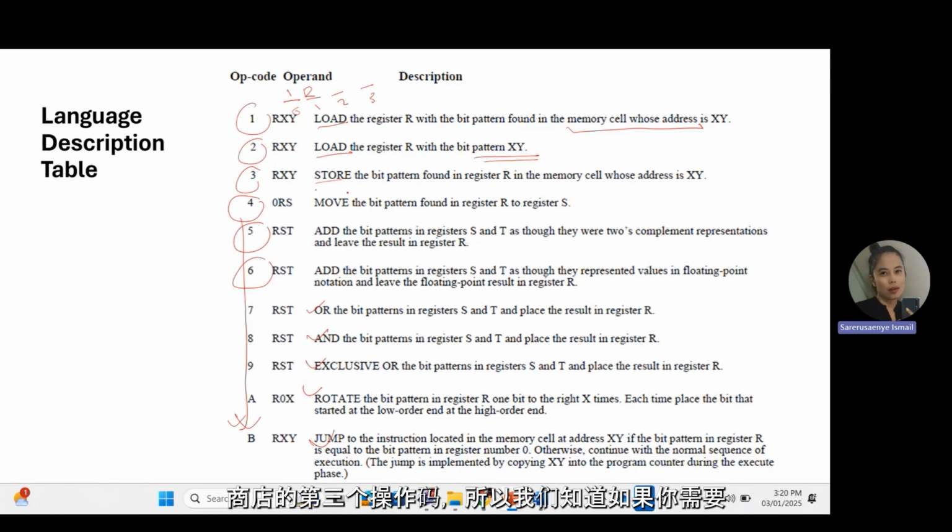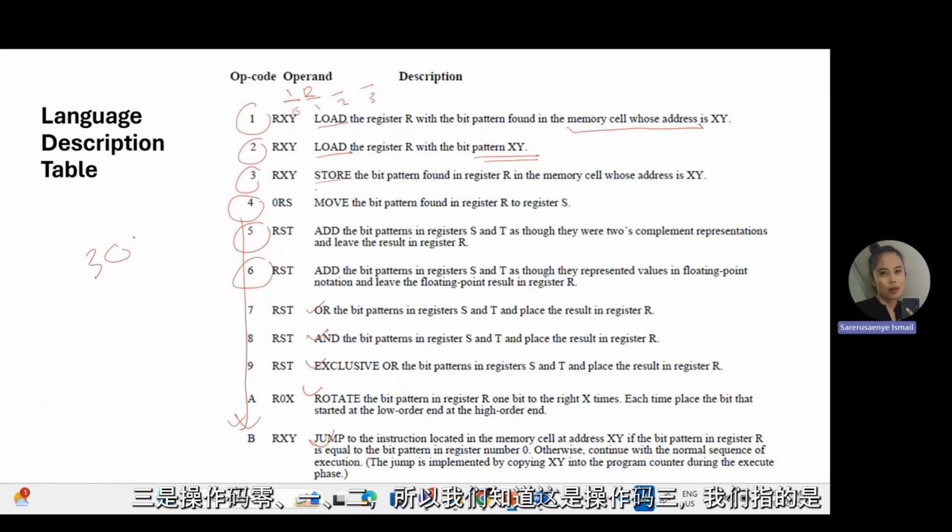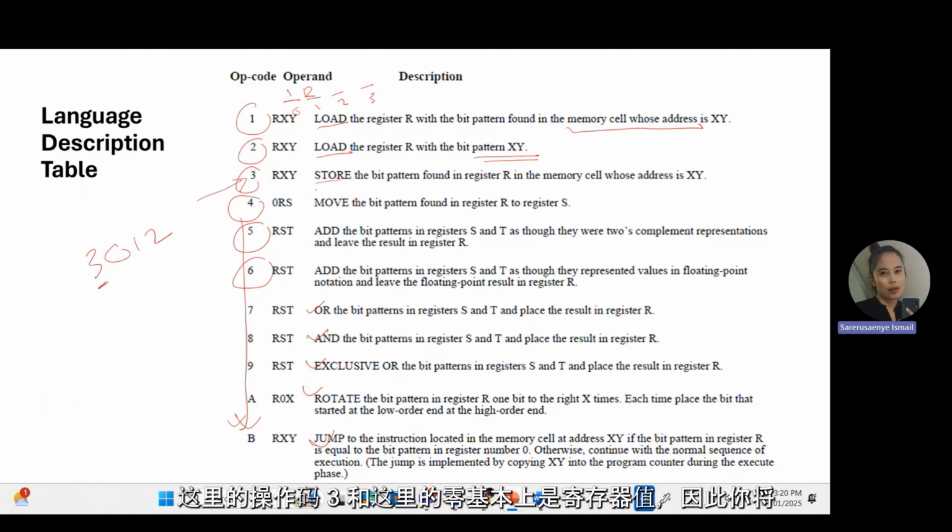You can just copy this description into your answers later in your final exam. If we have 3 as opcode, 0, 1, 2, then we know this is opcode number 3. We refer to opcode number 3 here, and 0 here is the register value.